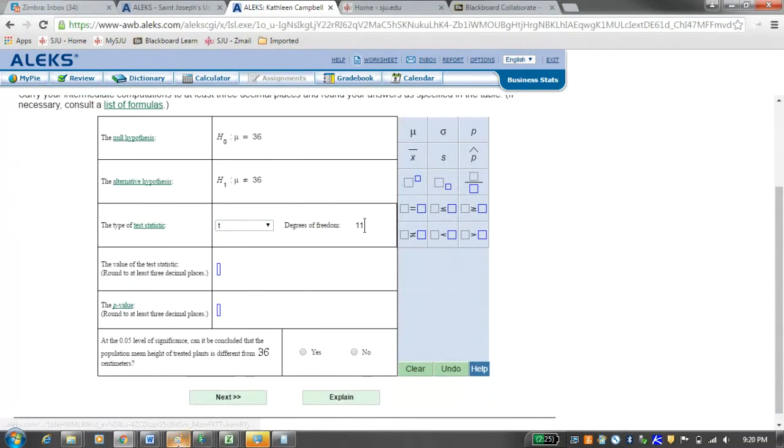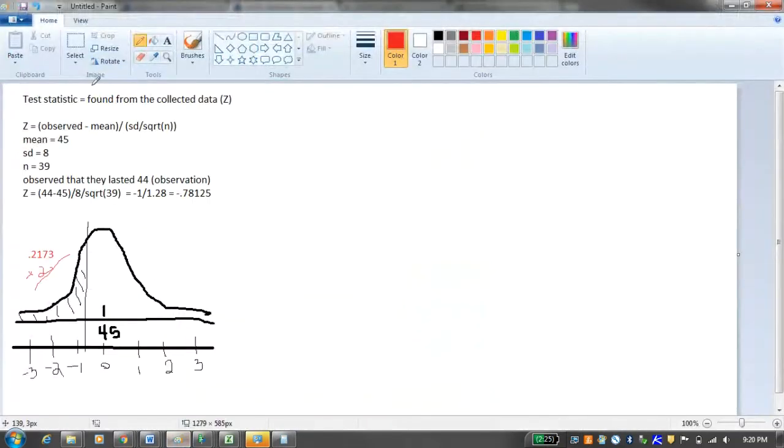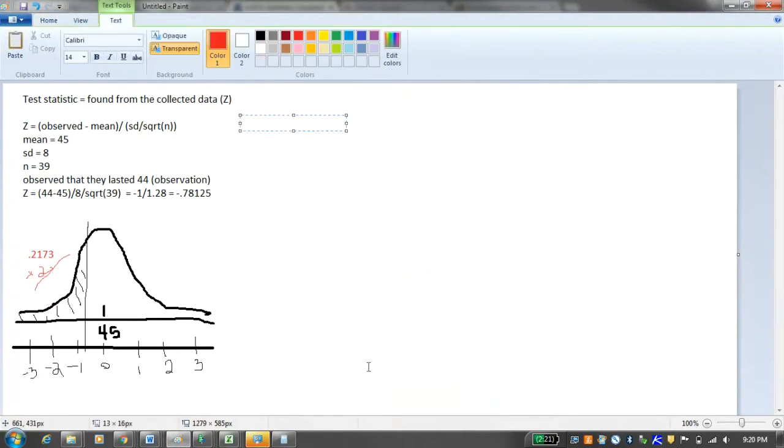Now for the test statistic, as I said, it's the exact same test statistic. t is equal to observed minus mean divided by standard deviation over the square root of n. So it is no different, and that's where people get confused.